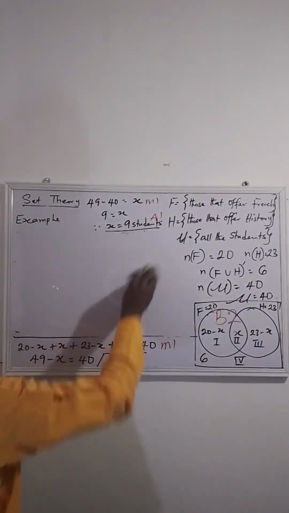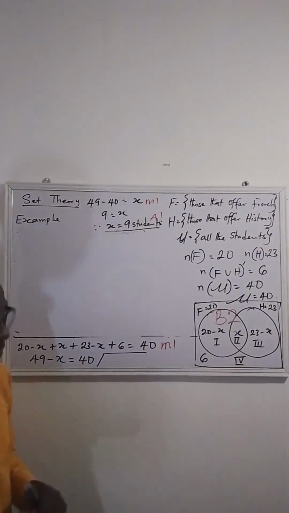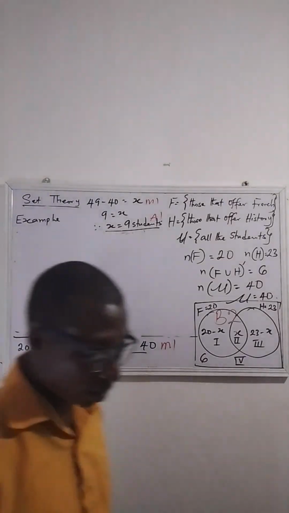Now, you do that from your Venn diagram. Number of those that offer French only. Okay? Alright, let's wait for your response.